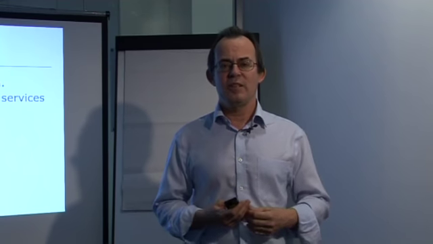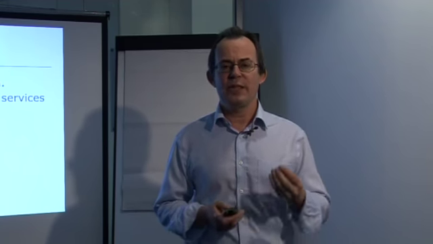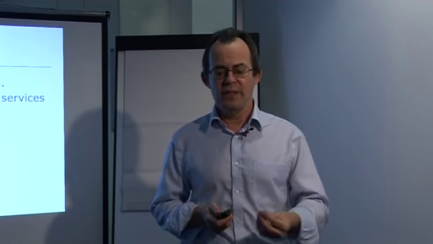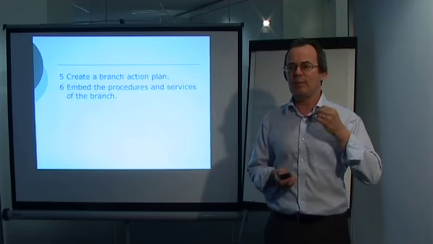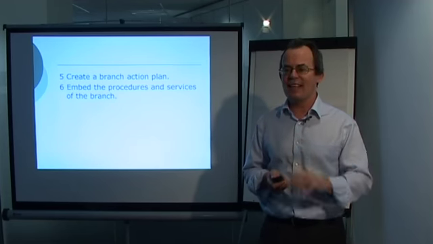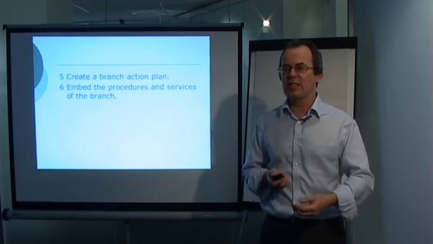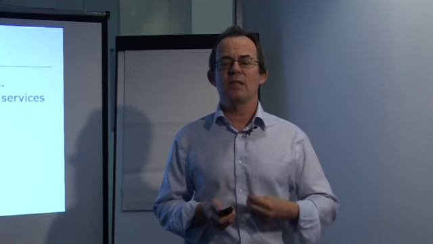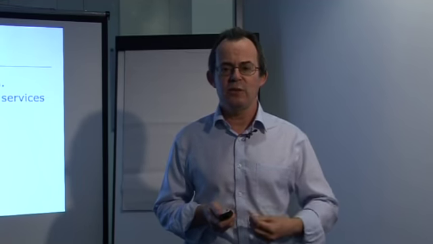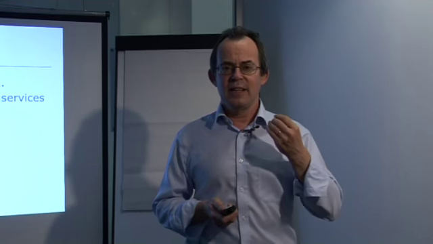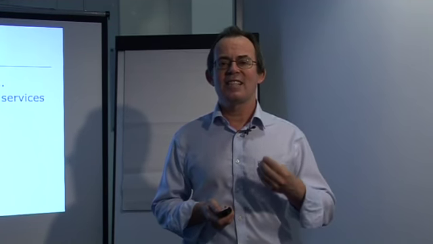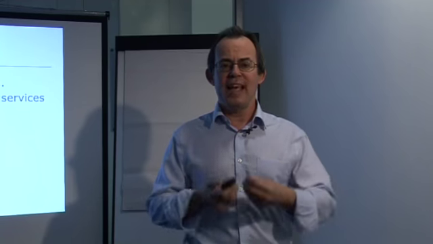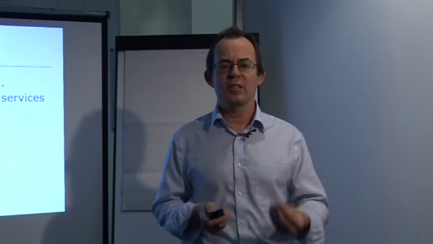What you need to do is to make sure that the TA branch is going to be there for the long haul. So you need to think about turning events and activities into procedures and services that become kind of institutionalized at the local level, so that the TA branch continues to flourish after the initial enthusiasm perhaps has somewhat waned.